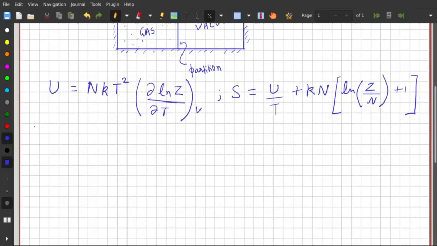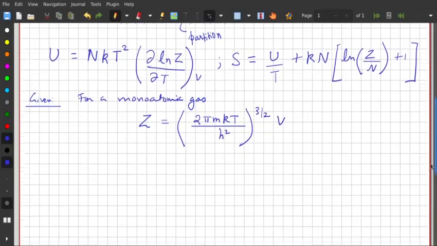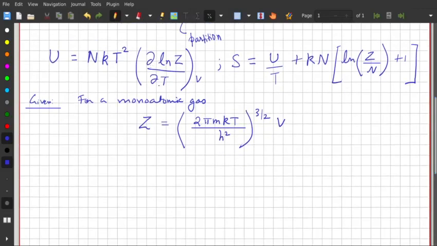So what is given? Given that for a monoatomic gas, we have the partition function Z equals (2 pi m k T divided by h squared) to the power 3 halves times V. Okay, so in order to take the derivatives, let's take the natural logarithm of both sides.